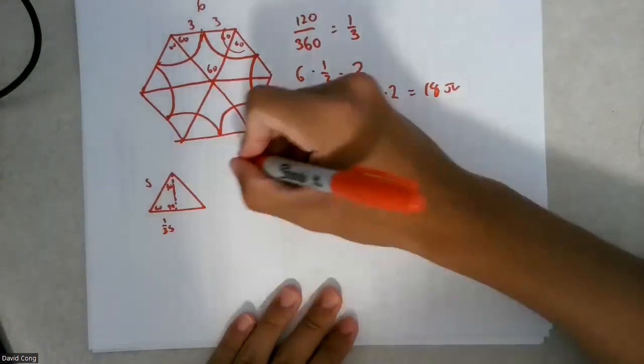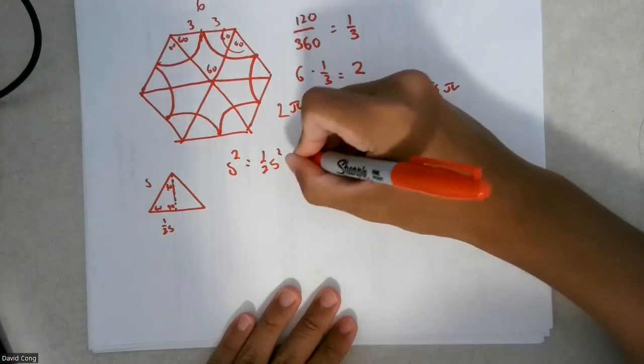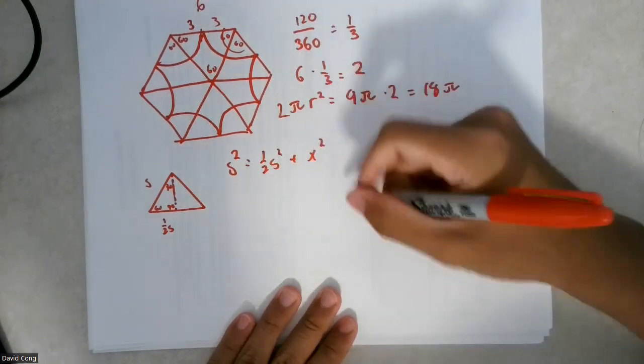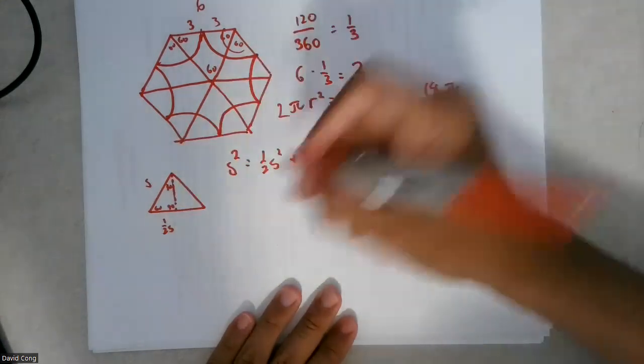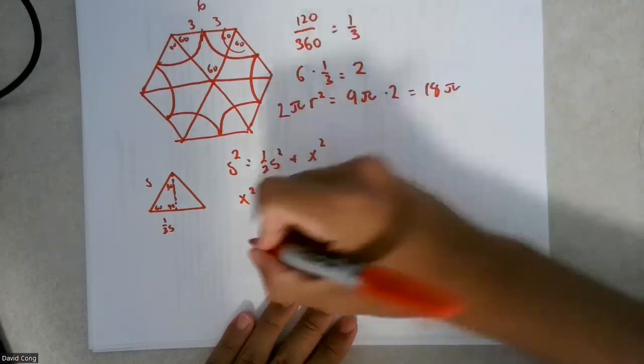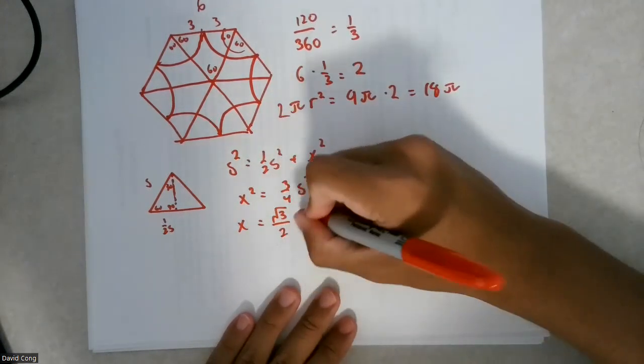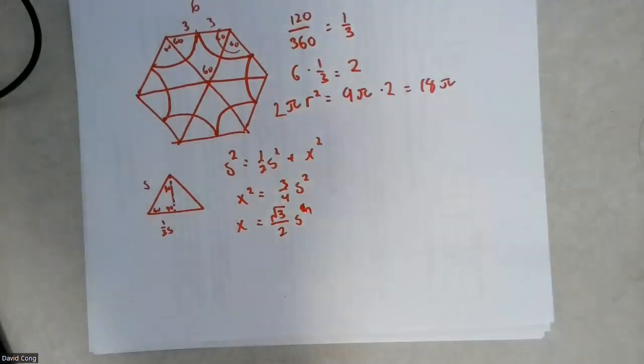What does this tell us? We have s squared equals 1/2 s squared plus something squared. What is this x squared, which is this side? x squared is equal to 3/4 s squared, so x equals √3/2 s, the height.